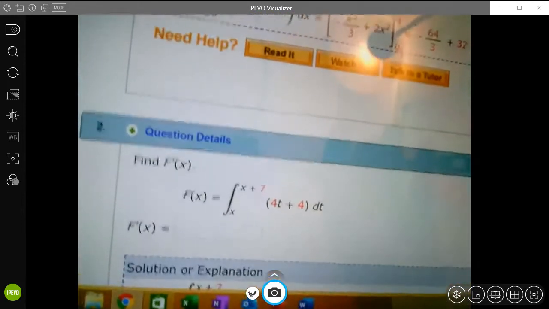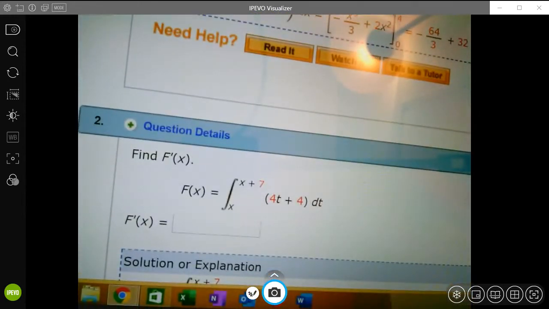And you want to compute f prime of x. So you can see that the bounds here are variables.